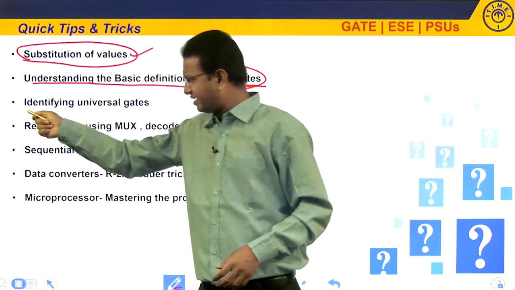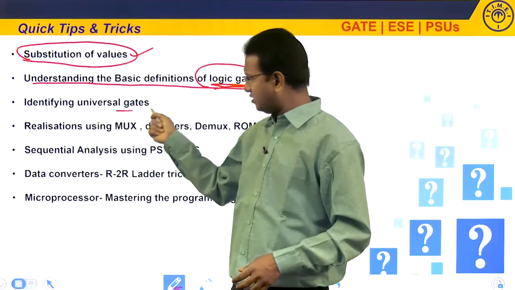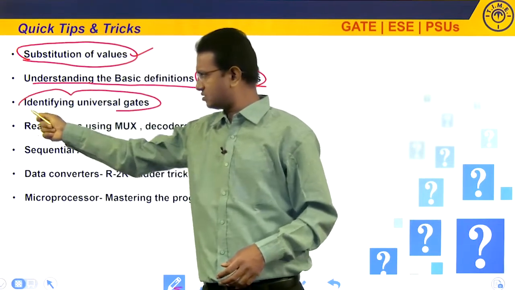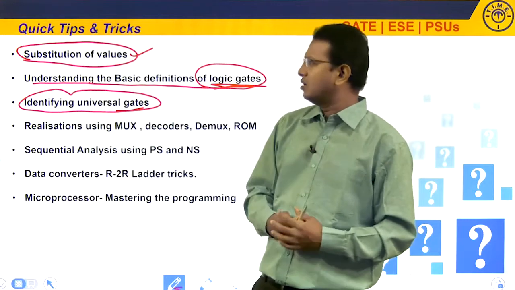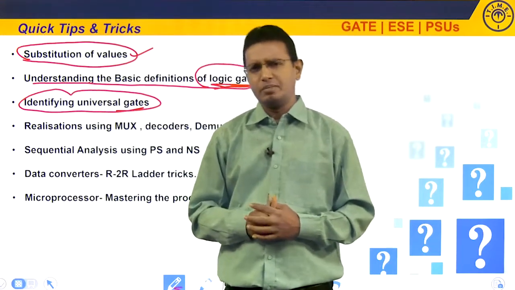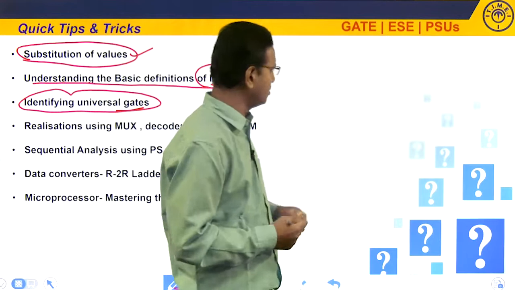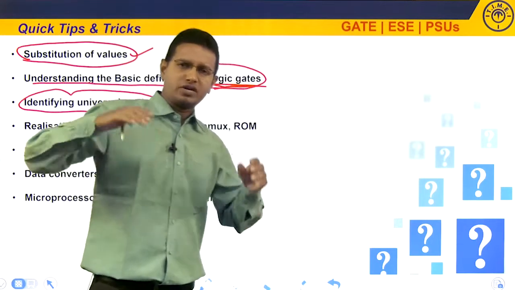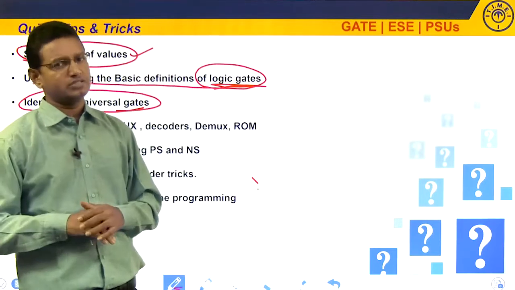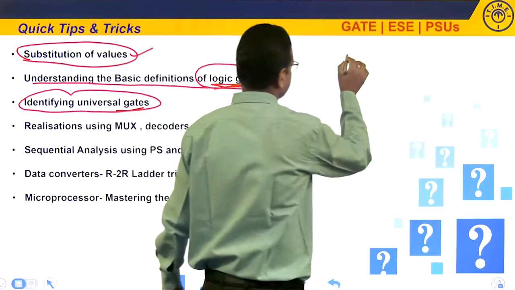Now coming to identifying the universal gates. Most of the students have a myth that NAND and NOR gates are the only universal gates. Now I will ask a simple question.